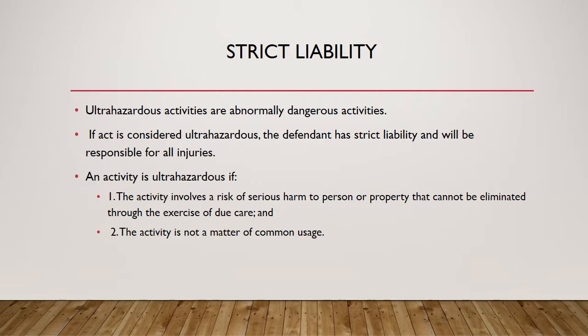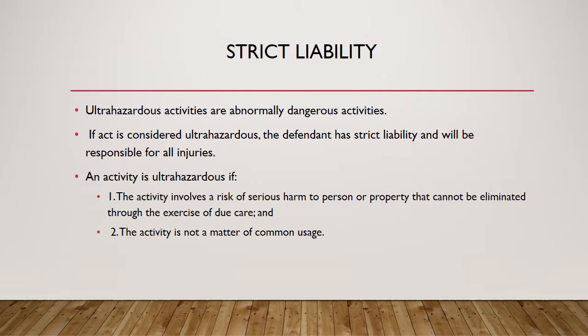Ultra hazardous activities are those activities that are abnormally dangerous. So if an act is considered ultra hazardous, then there's strict liability, and the defendant's going to be responsible for any injury that occurs, regardless of how careful the defendant is.